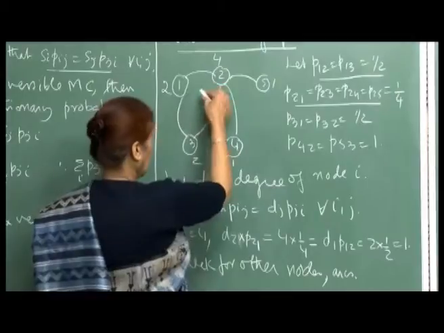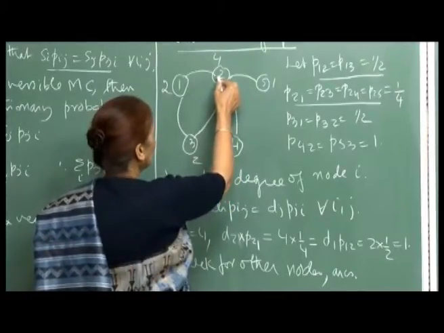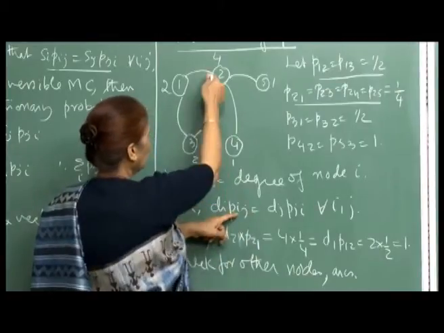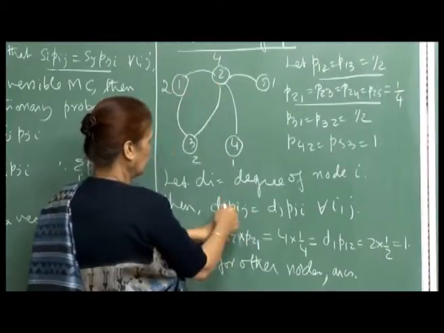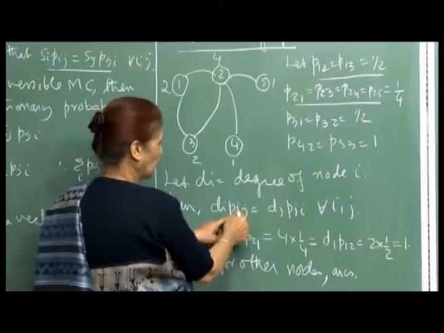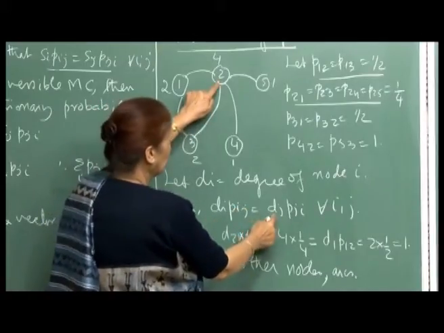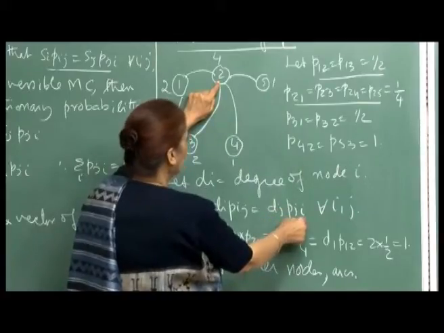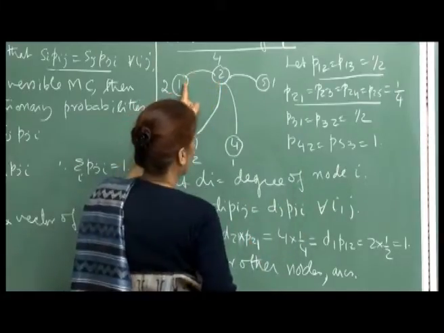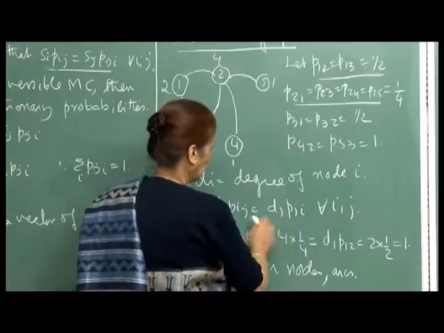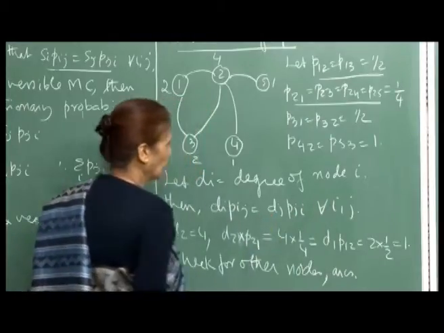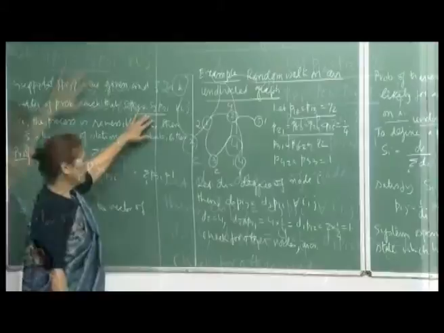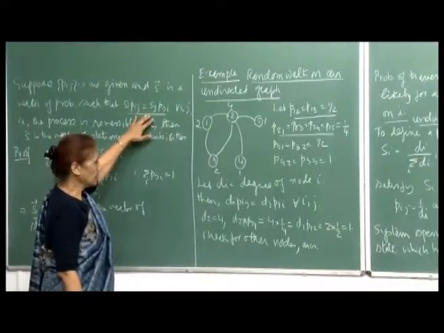For example, if you are looking at 1 2, then suppose i is 1 and j is 2, then this is half, and d1 is 2. So, this becomes 1. And then when you are here, d_j, the degree, is 4, into p_ji, p21, which is 1 by 4, and therefore the product is 1 here again. So, this holds for all i, j. And so, looking at this, the necessary condition is being satisfied.